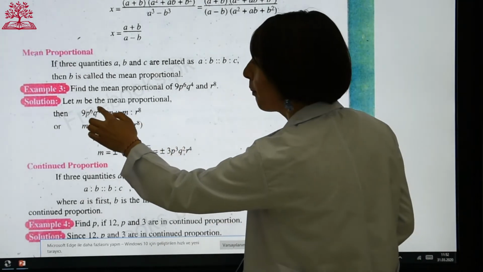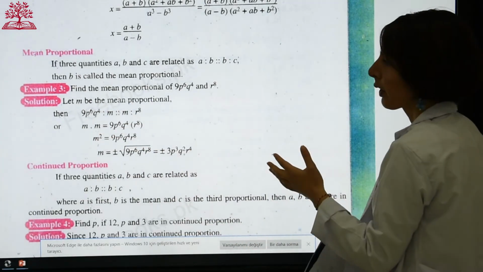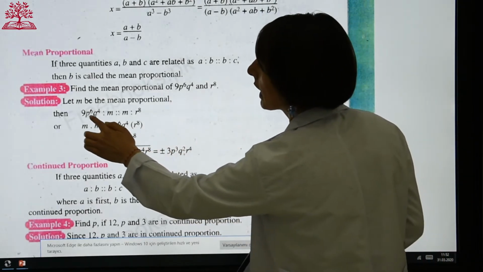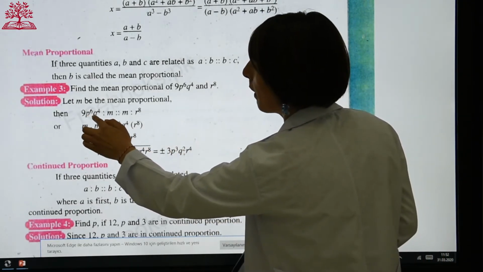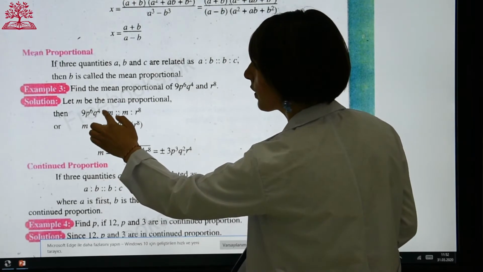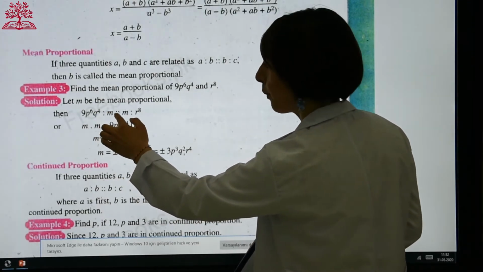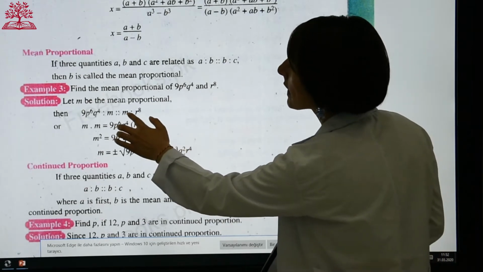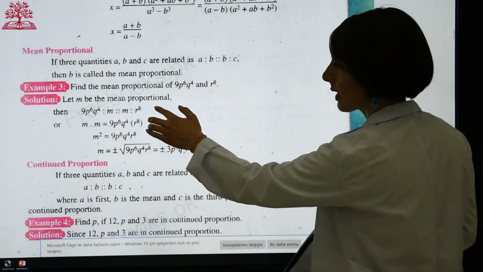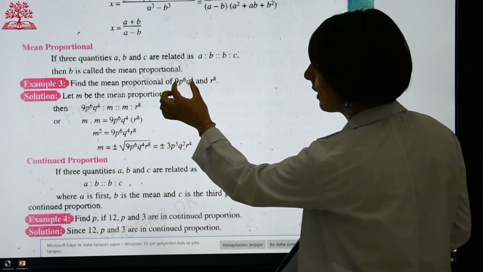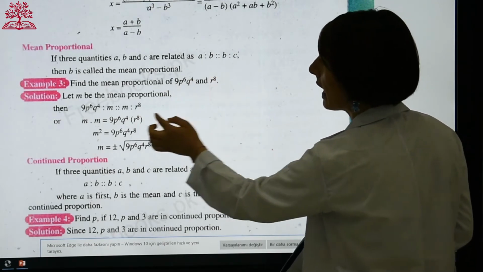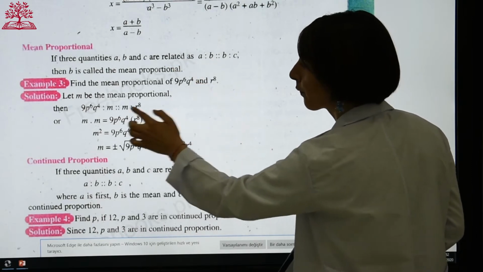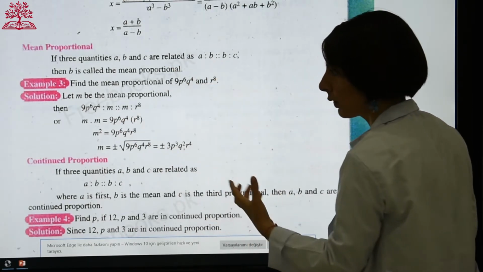Let m be the mean proportional. So I know the form now and I can easily write 9p to the power 6, q to the power 4 to m, because m is my mean proportional, equals m to r to the power 8. So this is my A, this is my C, and m in this case is my B. You see? This is my mean proportional.